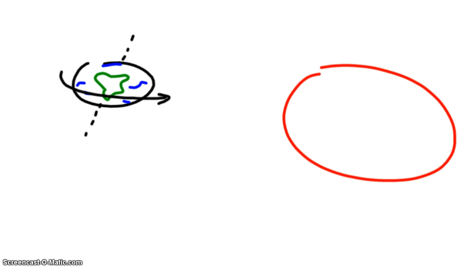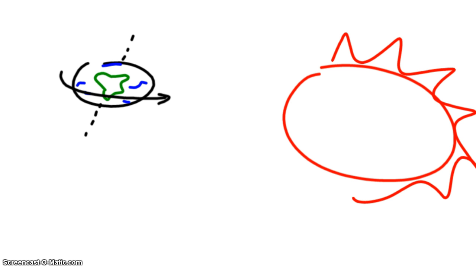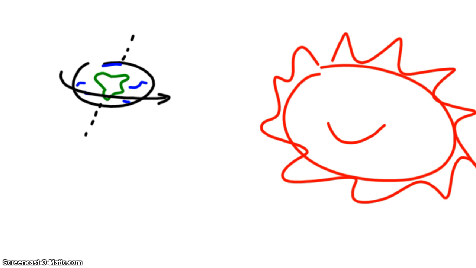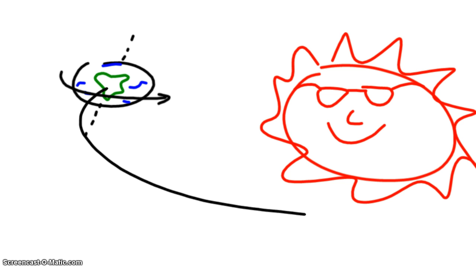And here's the sun. Giant big sun. There's Mrs. Sun. So not only is the Earth rotating about its axis, it's also spinning around the sun.